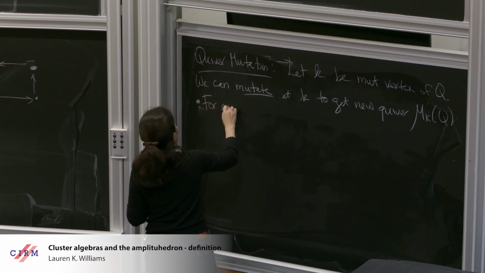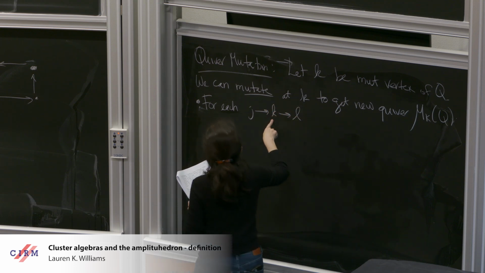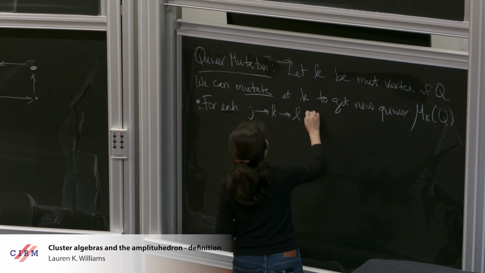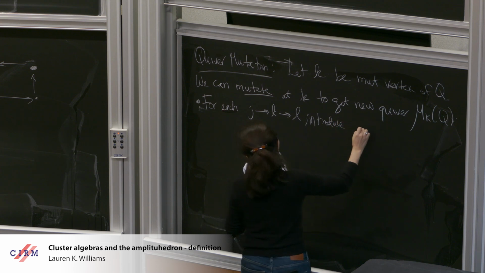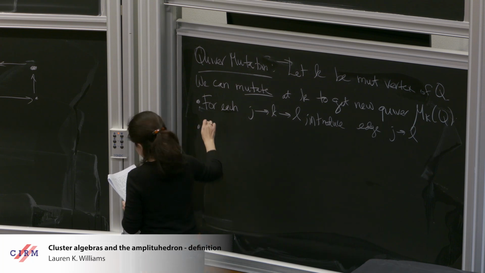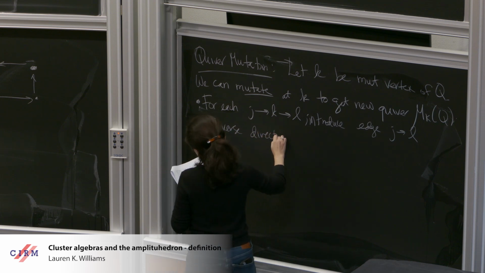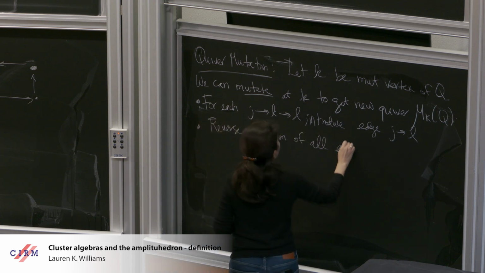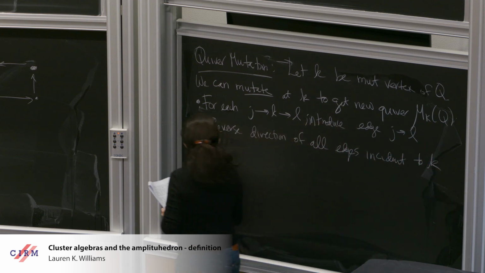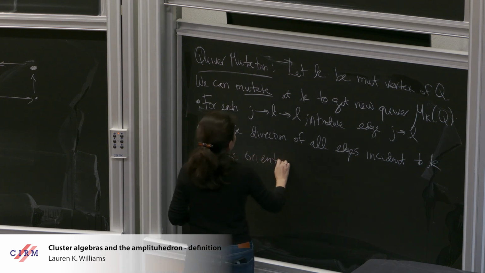First, for each path of length 2 whose central node is K, we introduce the edge J to L. Then we reverse the direction of all edges incident to K. And finally, we remove oriented 2 cycles.